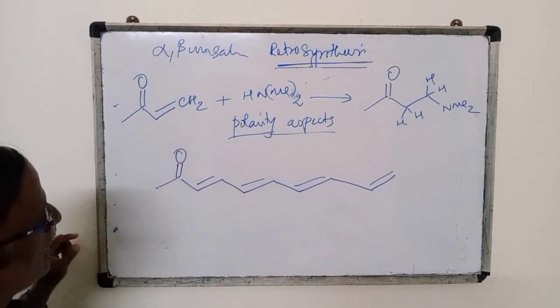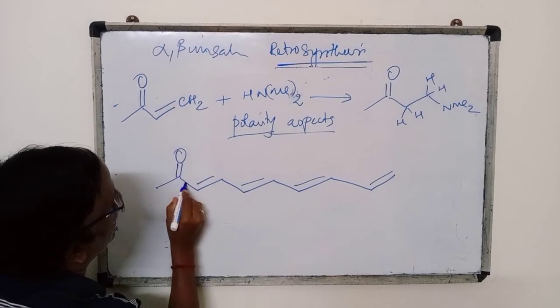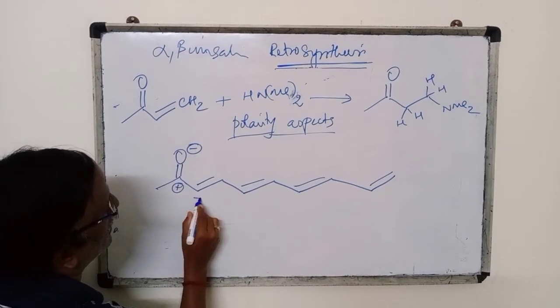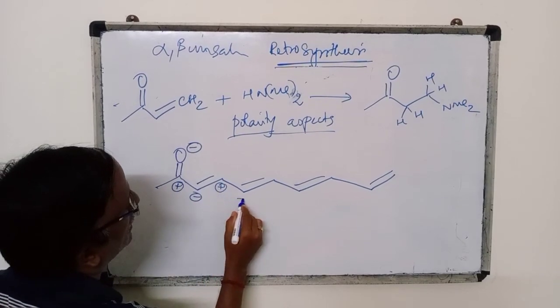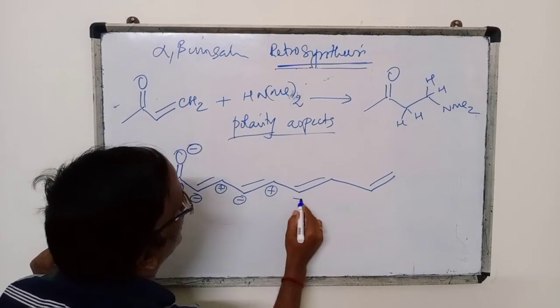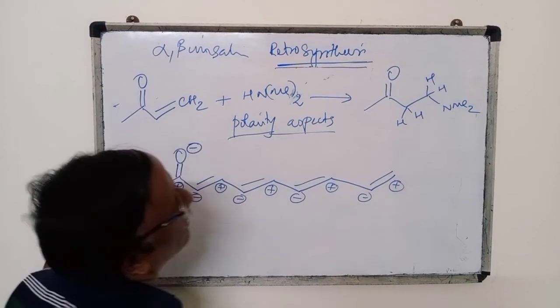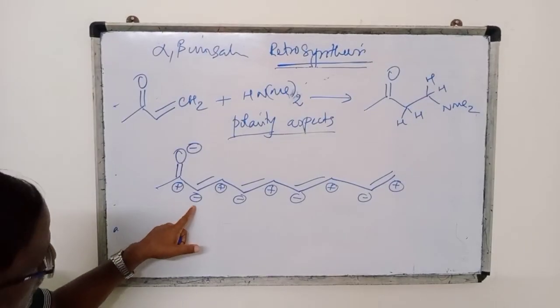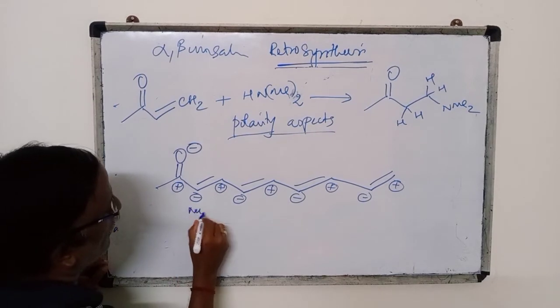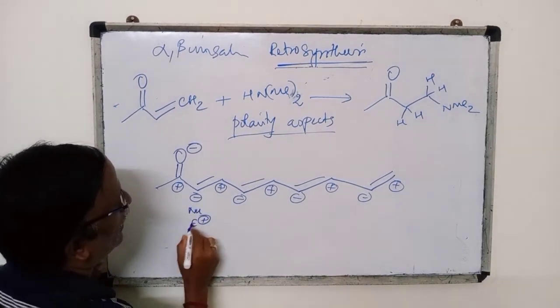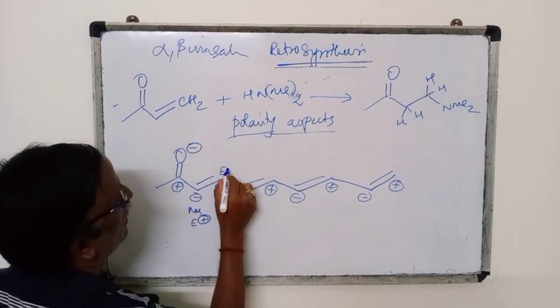As I told you already, the carbonyl oxygen is going to have a negative charge, this is going to have a positive charge, negative, positive, negative, positive. So this nucleophile, you can add an electrophile to this. This is going to be the electrophile.